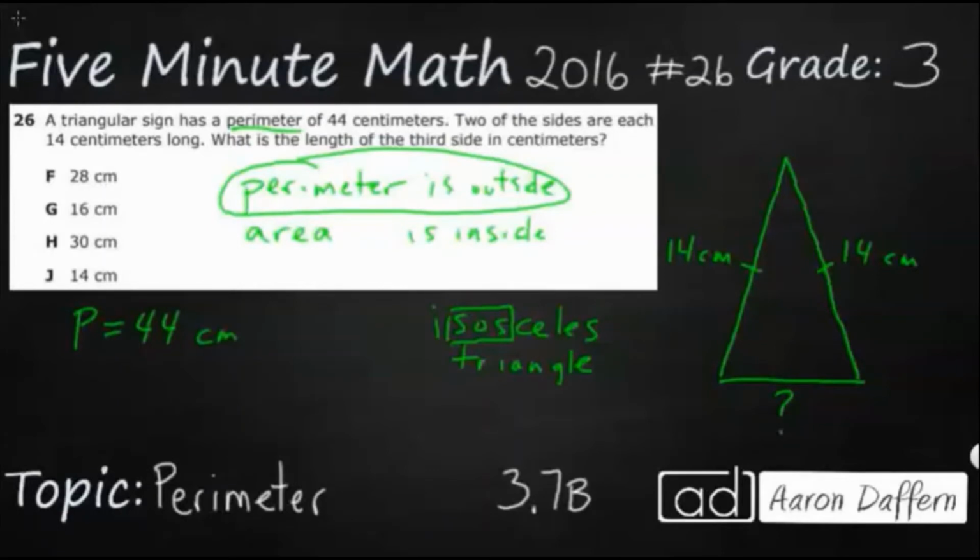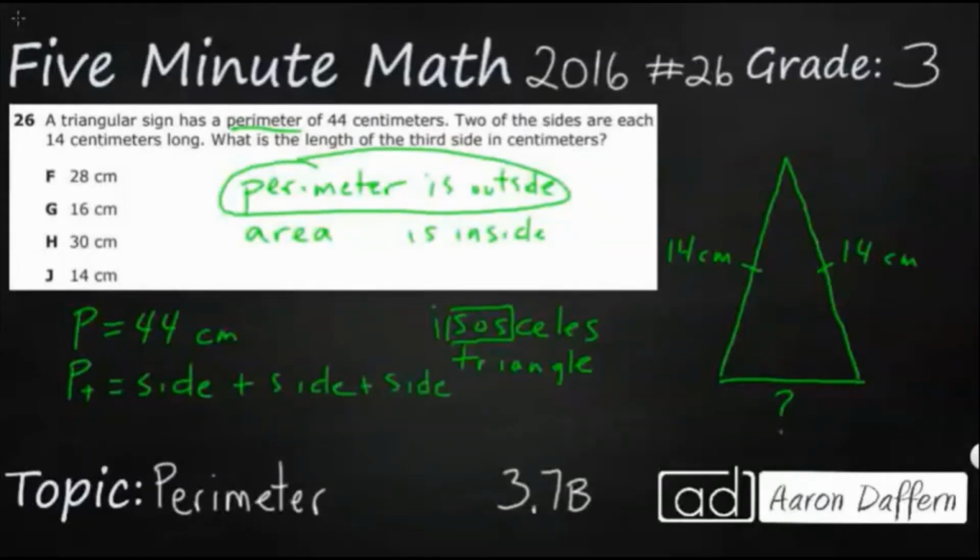Now, what we know about a triangle is that perimeter is simply adding up the outside. So perimeter, for any triangle, I'm going to put a little T down there, which means perimeter of a triangle, is the side plus the side plus the side.